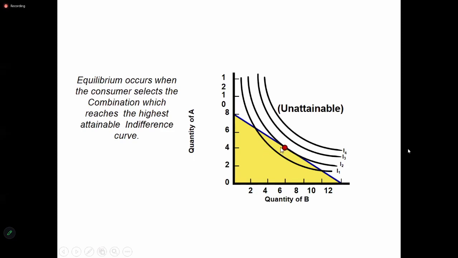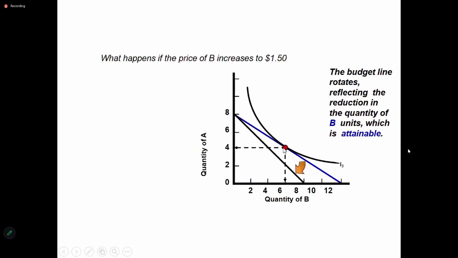It should be on this attainable side, not the unattainable level. So you can see more clearly this is the equilibrium. The indifference curves and budget line, with the income and the satisfaction, give the equilibrium point.